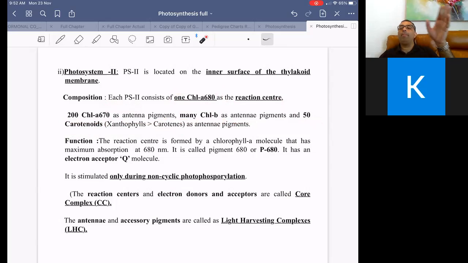PS1 के कंपैरिजन में PS2 में बहुत फर्क है.